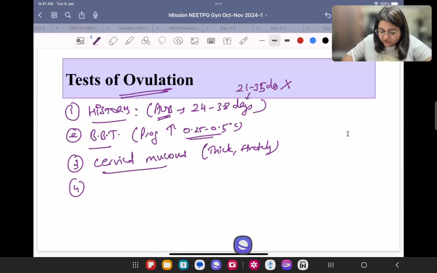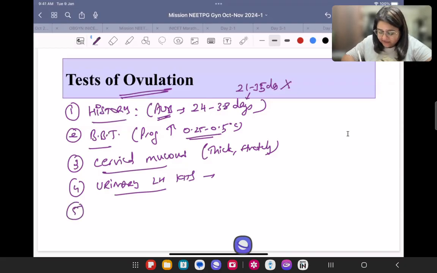What else? So there are something called urinary LH kits. What are these urinary LH kits? So when the LH surge is happening, the serum LH increases. That serum LH will be excreted in the urine. So urinary LH kits are available, which will tell the woman that she is ovulating and when she has ovulated.